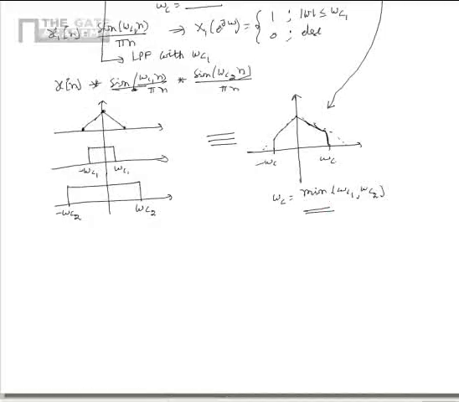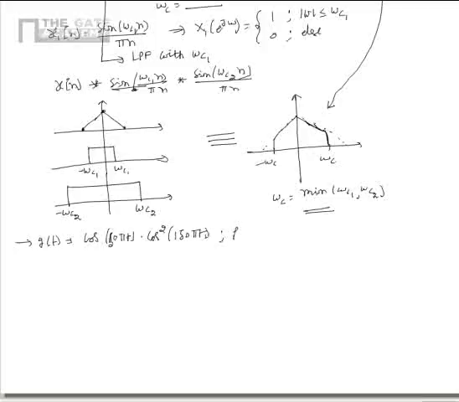Now let us consider another problem as per which there is a signal g of t given as cos of 50 pi t multiplied by cos square of 150 pi t.